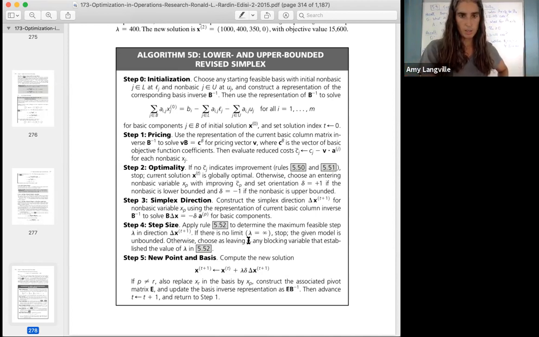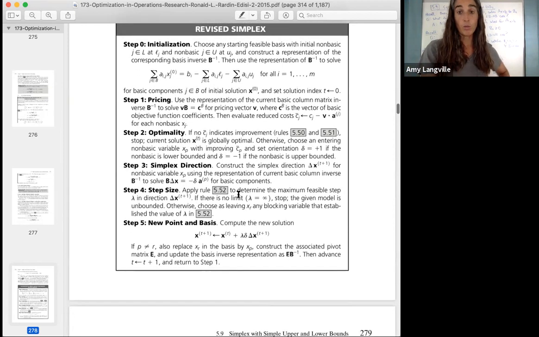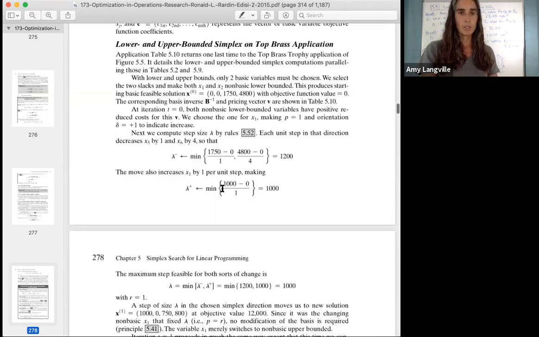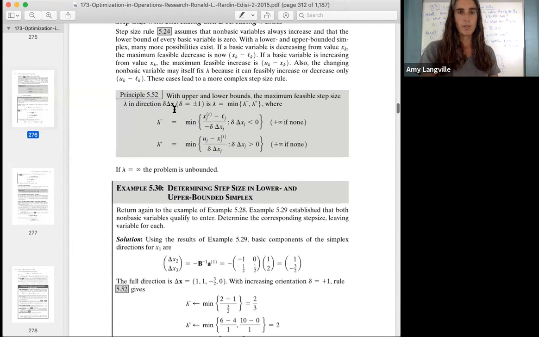Step size. Another rule, the minimum ratio test, changes slightly. So go back to 5.52 and check out that rule quickly. Box 5.52. Because we can go above or below, we actually also need to split our step size lambda into a lambda plus and a lambda minus, but it's very similar, right?